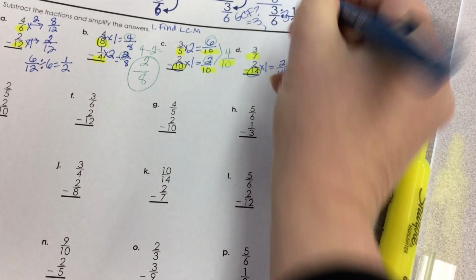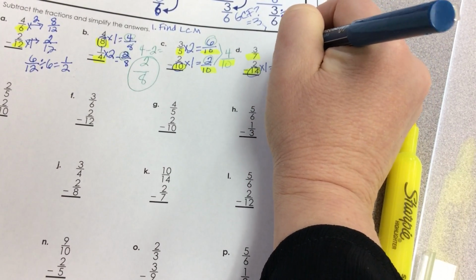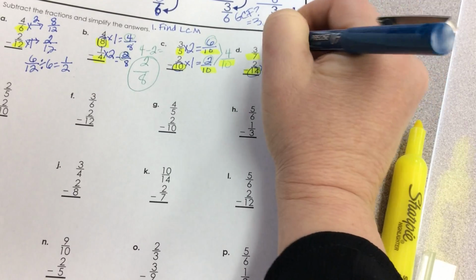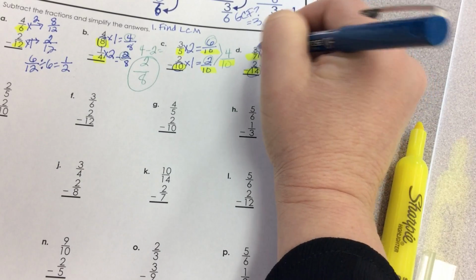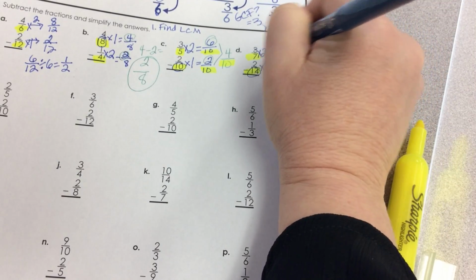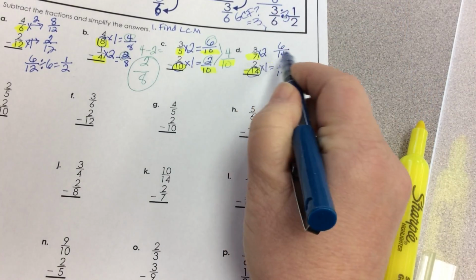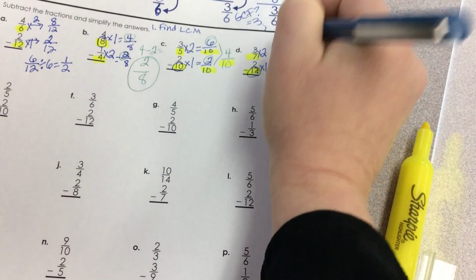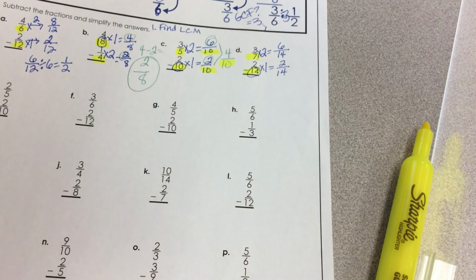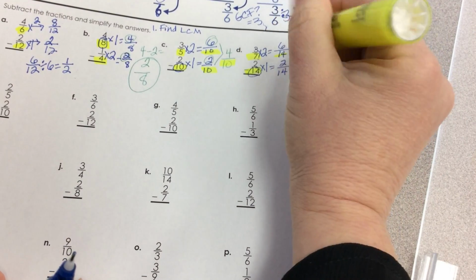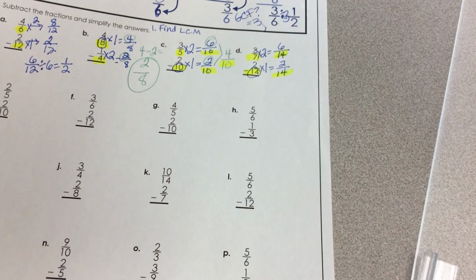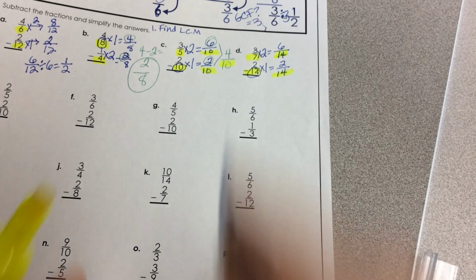Up here, in order to make our denominator 14, we have to multiply everything by 2. So 3 times 2 equals 6 for a numerator of 6. 7 times 2 equals 14 for a denominator of 14. So now we have like denominators.